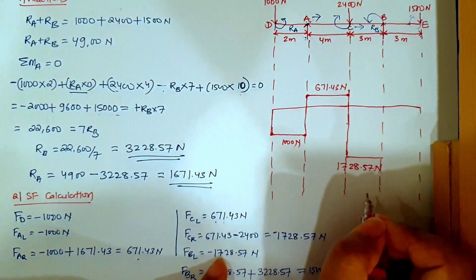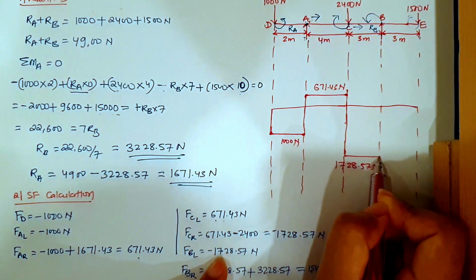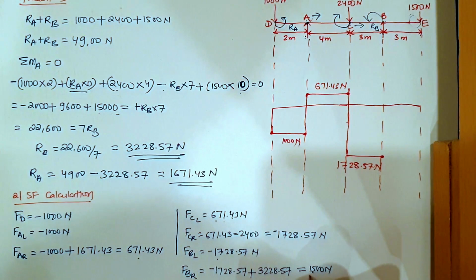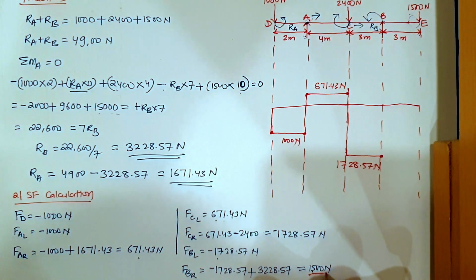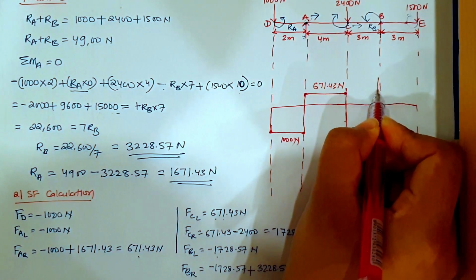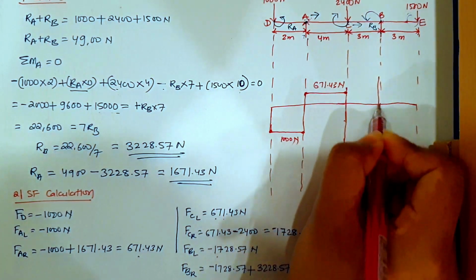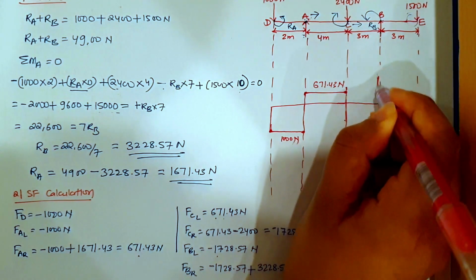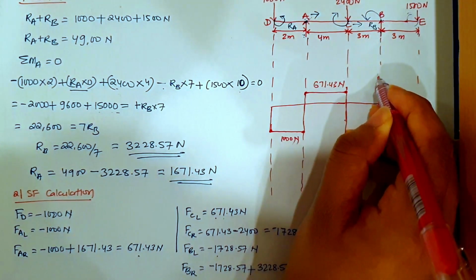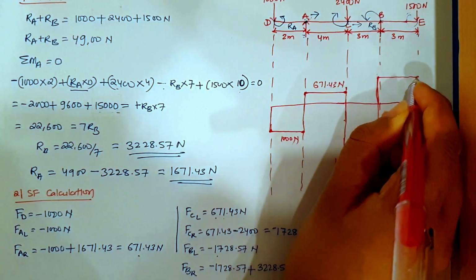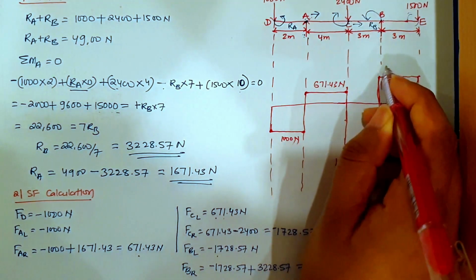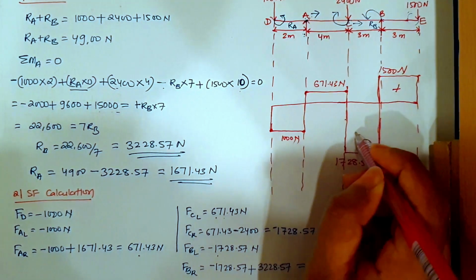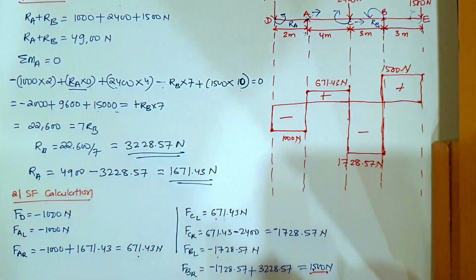Okay, and from here it is remaining constant till point B, and from here it is suddenly increasing and going to 1500 at the right hand side of B, and it is remaining constant till point E. So this is 1500 Newton, and this is positive, negative, positive, and negative.